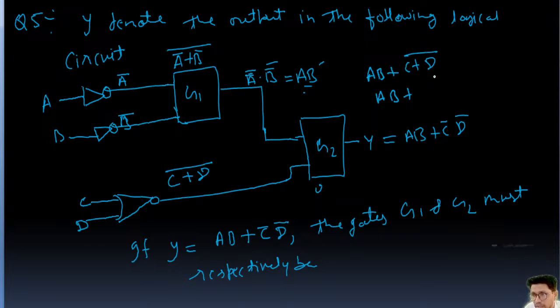So this plus is going to be dot, addition turns into multiplication. So this is going to be C bar D bar, multiplication, right? So this is giving the correct answer. It means if we consider this as a NOR gate and this as an OR gate, this is going to give the same output Y, AB plus C bar D bar. It means option B is the correct option.